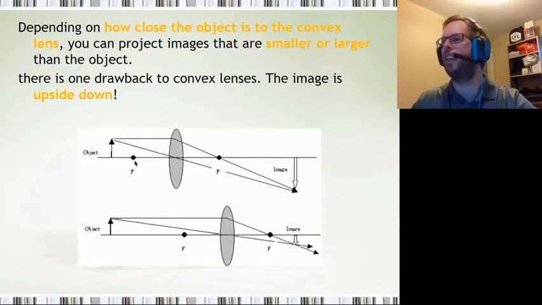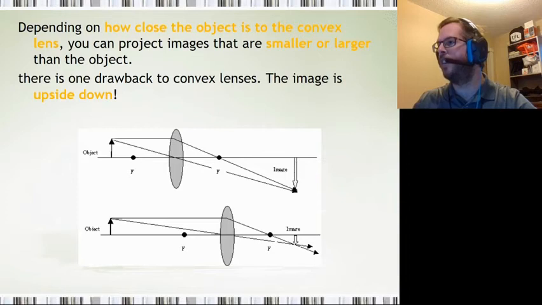So if you take a look here, this is the focal point for the lens. What they don't show on here is that the 2F, or the center point for the lens, would be out here. So in this case, the object is between the center and the focal, or the 2F and the focal. And you'll notice here, using our rays, that it forms an image that is on the opposite side of the lens, which makes sense in a lens here.